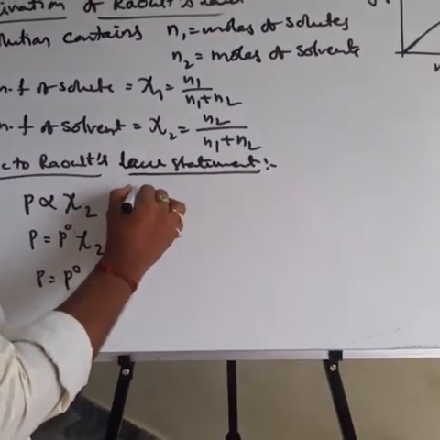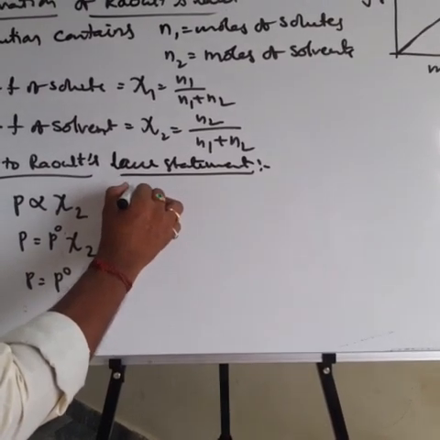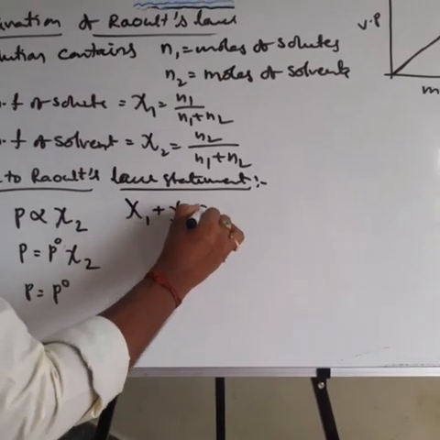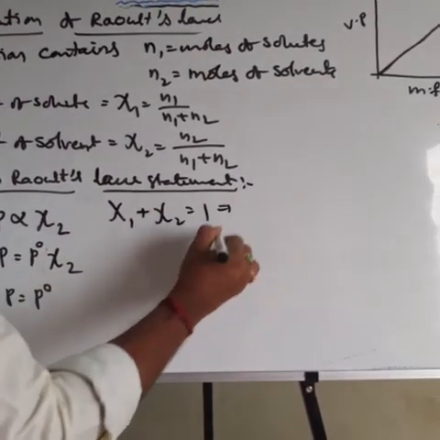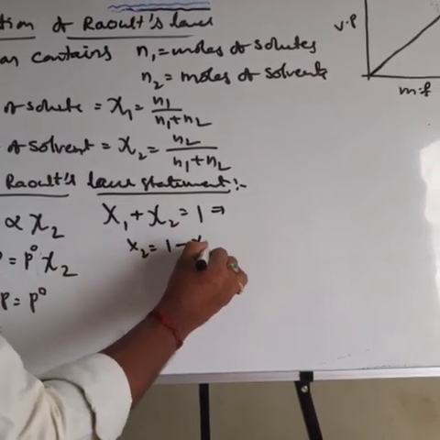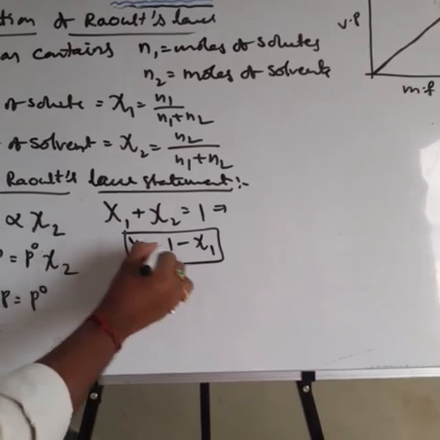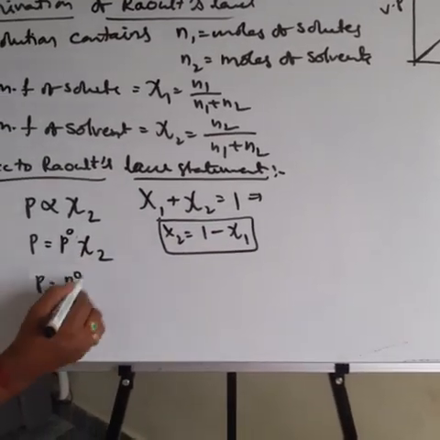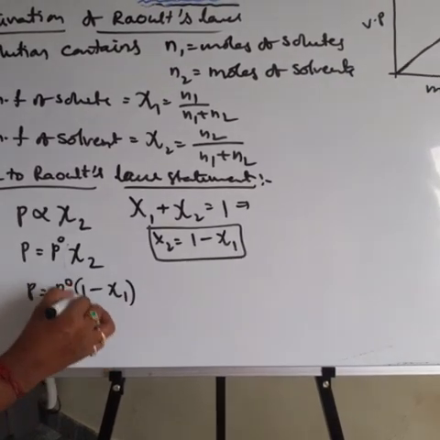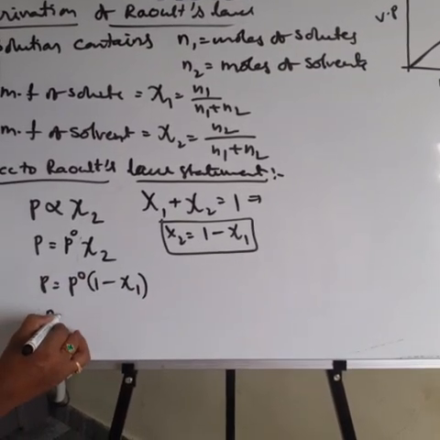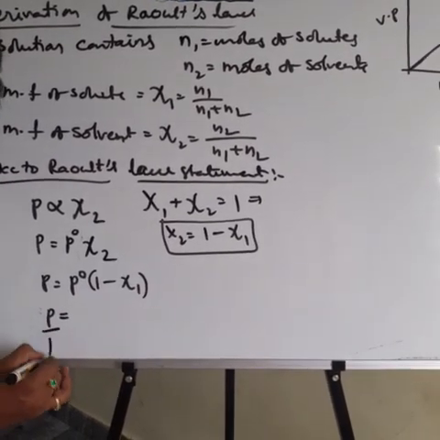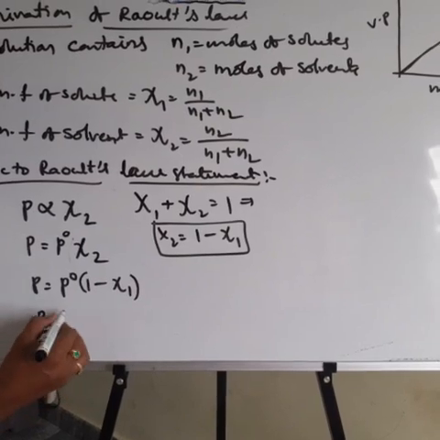Already I told you that the mole fractions satisfy Xi1 plus Xi2 is equal to 1. That means Xi2 is equal to 1 minus Xi1. Then substitute this value in the Xi2 position. Therefore, P divided by P naught is equal to 1 minus Xi1.